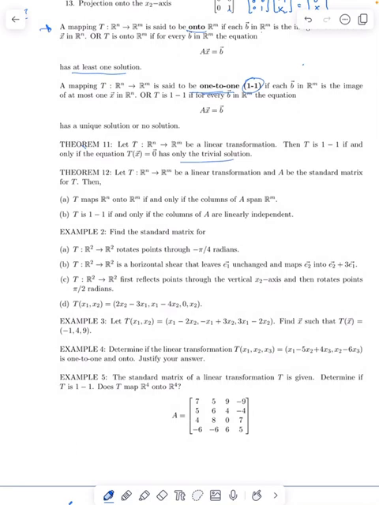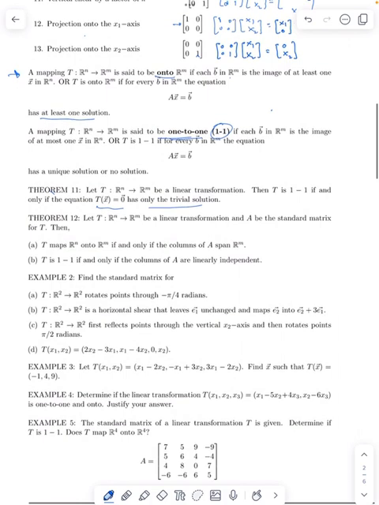If and only if means that if one thing happens, the other happens. So if we know that T(x) = 0 has only the trivial solution, then we say the mapping is one-to-one.